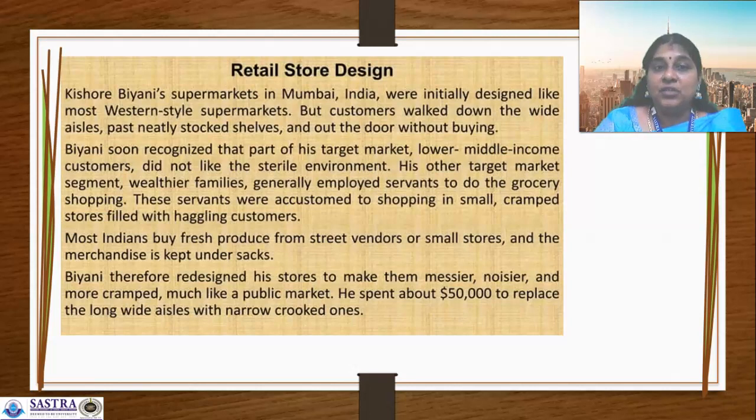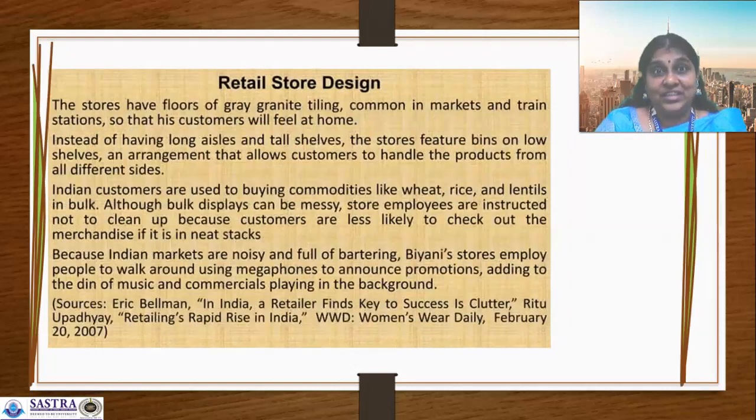Biyani therefore redesigned his stores to make them messier, noisier, and more cramped, much like a public market. He spent about $50,000 to replace the long, wide aisles with narrow, crooked ones. And the stores have floors of grey granite tiling, common in markets and train stations, so that these customers will feel as if they are at home.